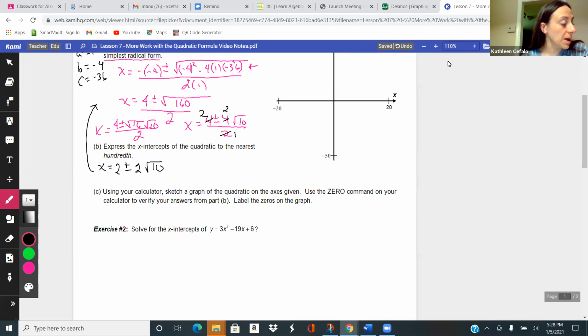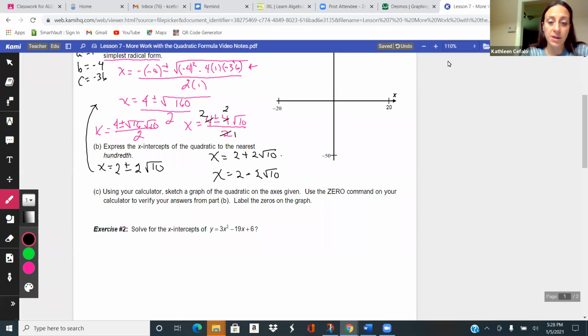And part B is saying express the x-intercepts of the quadratic to the nearest hundredth. Well, both of these are x-intercepts. Keep in mind, we can write this in 2 separate ways. 2 plus 2 radical 10, and we could also have this as 2 minus 2 radical 10. Okay, so now if we need to get this into the nearest hundredth, again, we would use our calculator to do so.